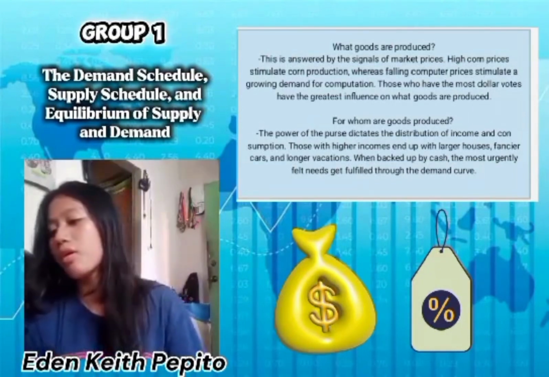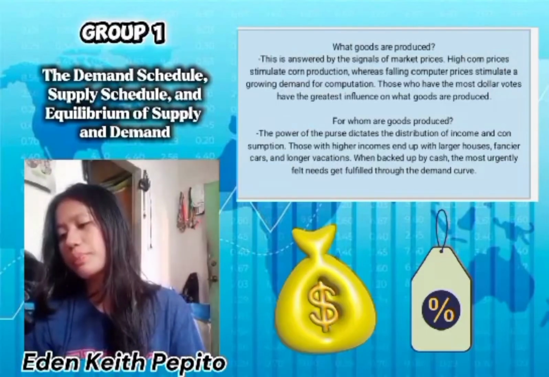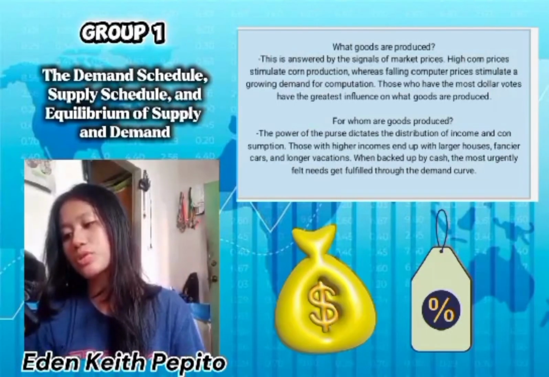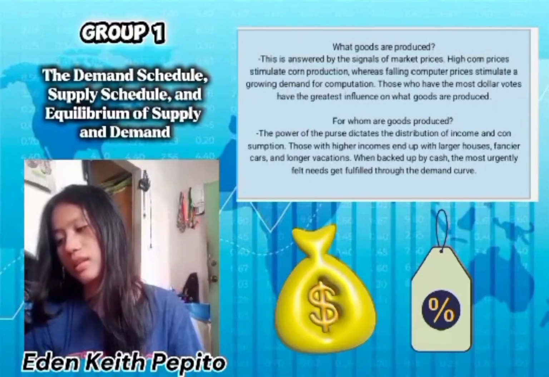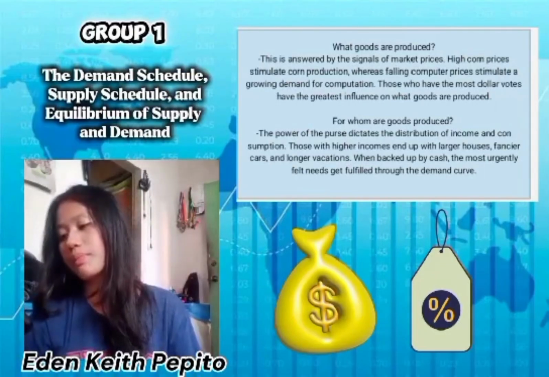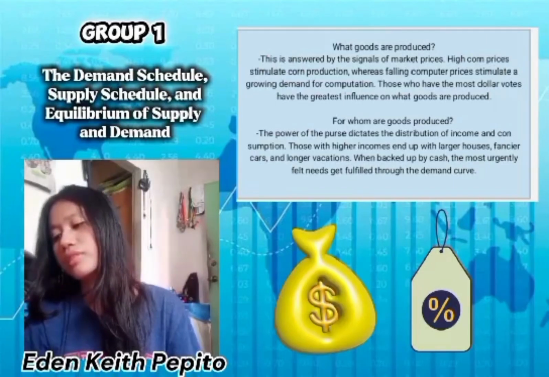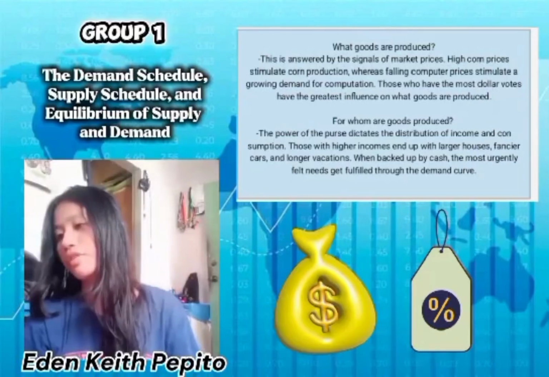Now, for whom are goods produced? The power of the purse dictates the distribution of income and consumption. Those with higher incomes end up with larger houses, fancier cars, and longer vacations. When backed up by cash, the most urgently felt needs get fulfilled through the demand curve.